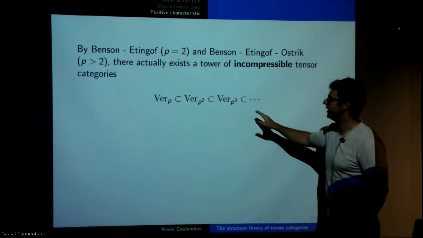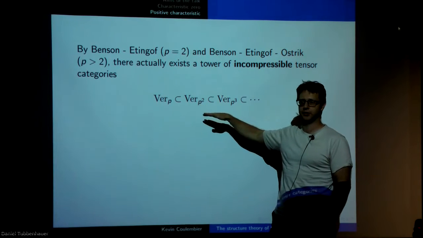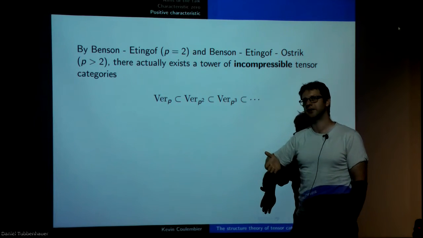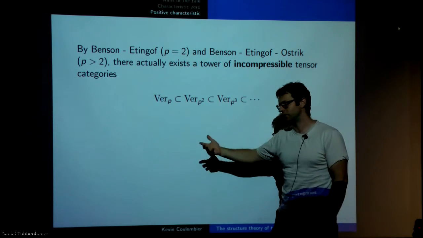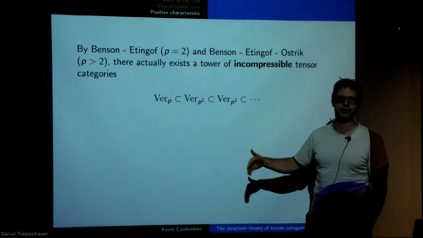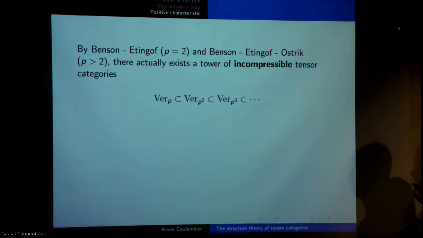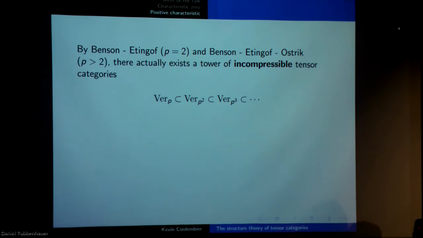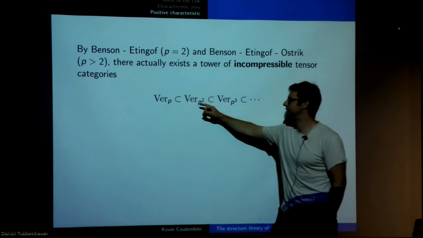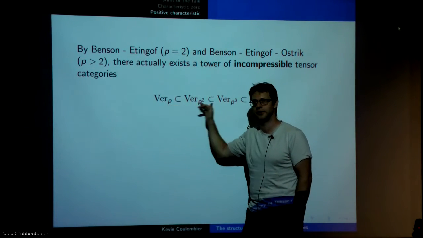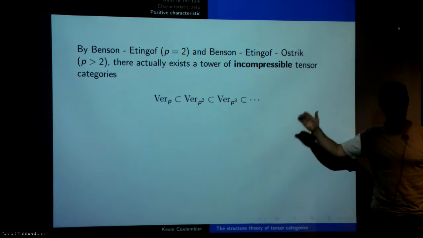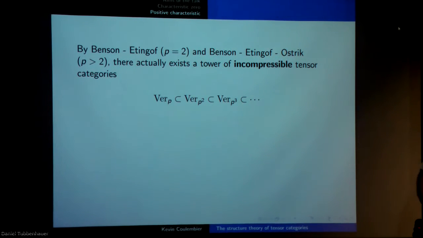So the way you get these is by taking tilting modules for SL2, quotienting out not quite a maximal ideal, and then taking an abelian envelope. So it becomes much more difficult to do, but it can be done, and they are incompressible. So in particular, you can't have a functor from here to there, for instance. Every time you get something genuinely new.